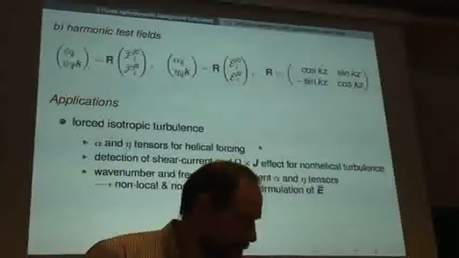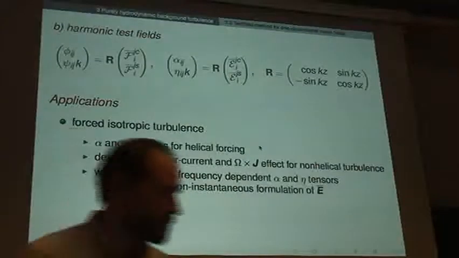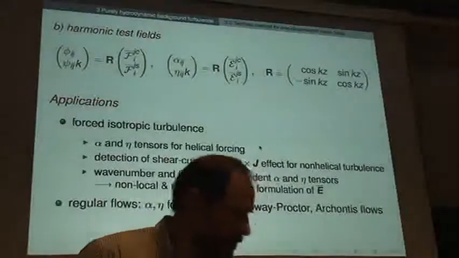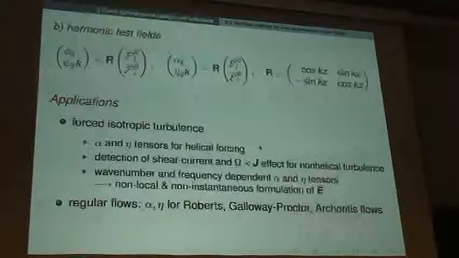And further, what has already been discussed, the wave number and frequency dependence of alpha and eta, which then leads to non-local, non-instantaneous formulations. Further, it has been applied to regular flows, like, of course, the Roberts flow, which is always something like a benchmark, a flow for which a lot of analytical results are known and which are very well confirmed. That's why it's usually done with the Roberts flow, with the Galloway-Proctor flow and then a contact flow.